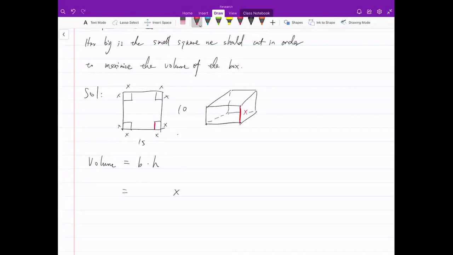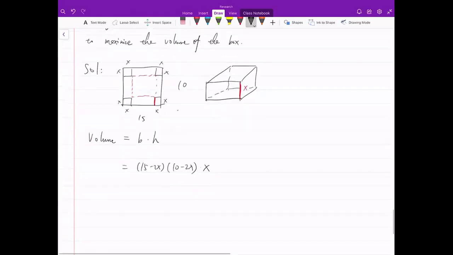What's your base area? Your base area is going to be this once you fold it. Okay, that's going to be a rectangle, which equals the width times the length, which equals 15 minus 2x for the width, 10 minus 2x for the length, and x for the height.